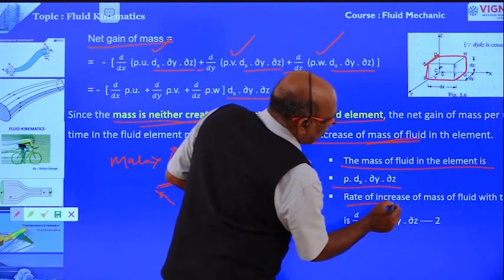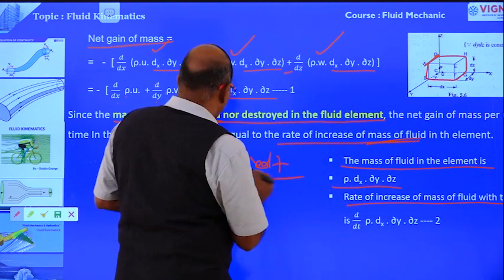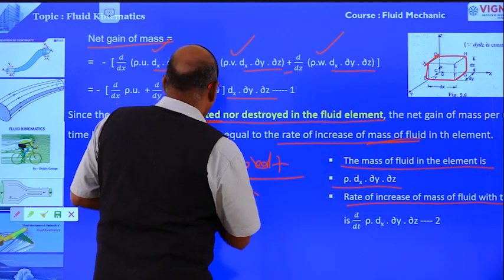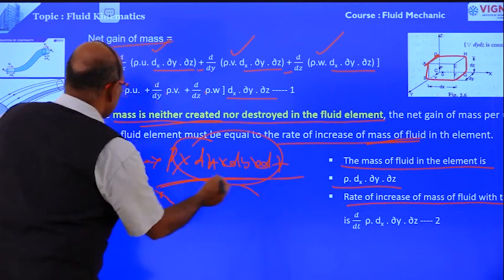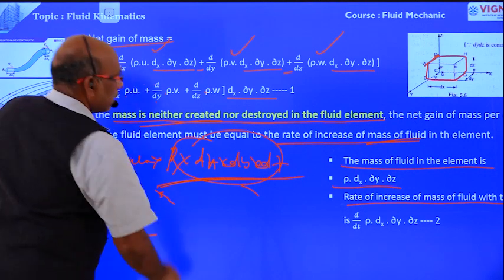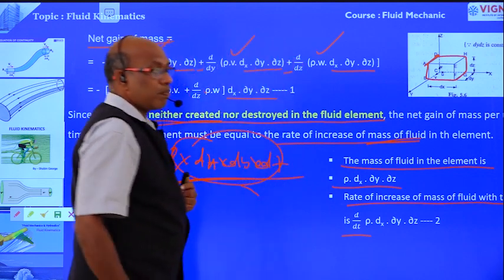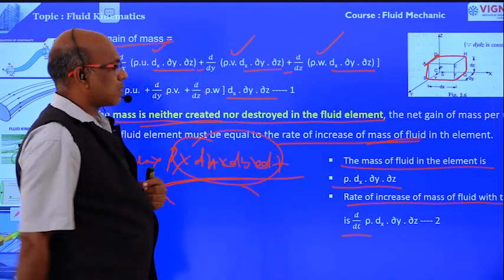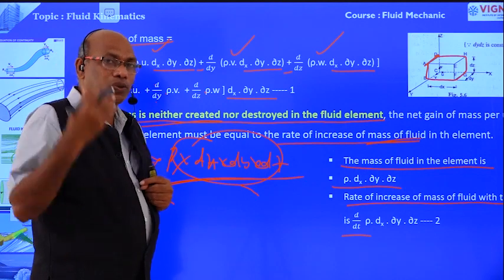Next, the rate of increase of mass of the fluid element is equal to the differentiation of this mass with respect to time, that is d by dt. Rate of increase of mass means this mass of fluid differentiated with respect to time.